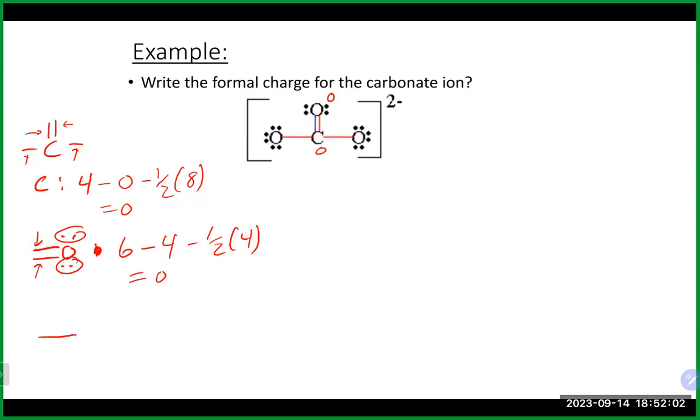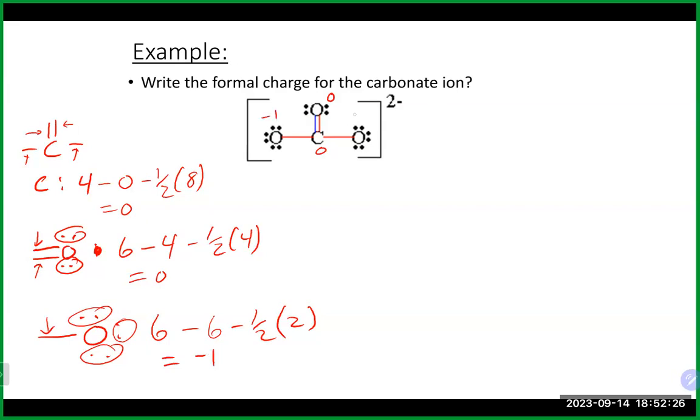Going to our single bonded oxygen, we're going to have 6 minus our 2, 4, and 6 electrons, minus 1/2 the number of bonding electrons, which is 2. And that will give us 6 minus 6, which is 0, minus 1/2 of 2, which is 1, which is a -1. So we got a -1 here.